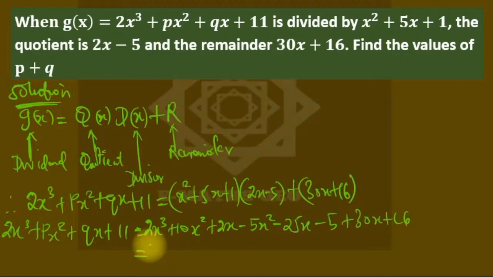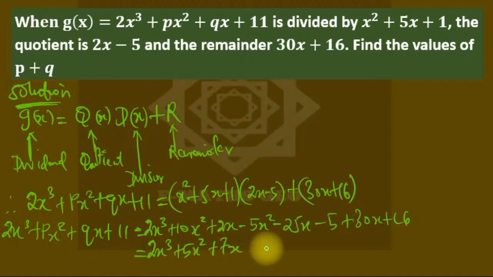There is the cube, so I have 2x cubed. Is there x squared? Yes. So 10x squared minus 5x squared is plus 5x squared. Then 30x minus 25x is plus 5x, and plus 2x is plus 7x.